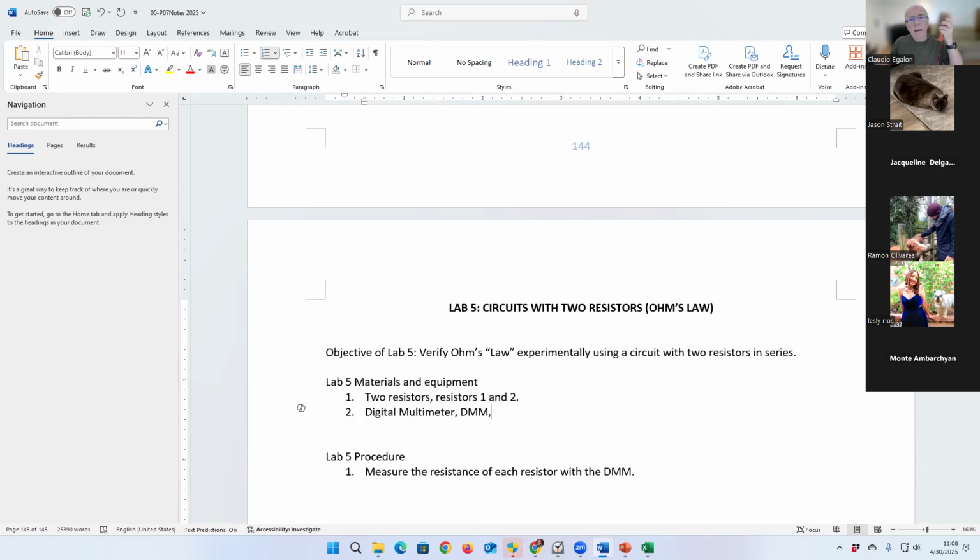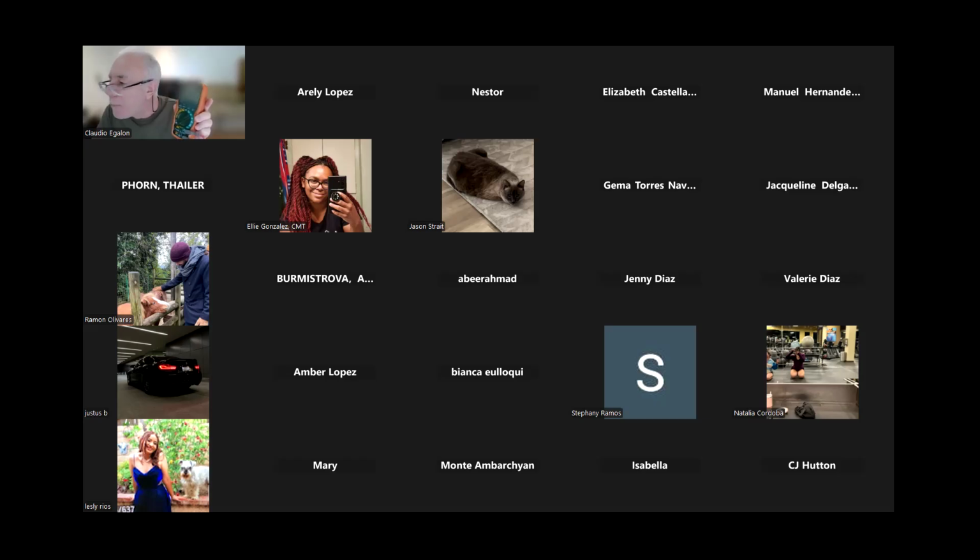There are several different multimeters out there in the market. It has a dial here that allows you to measure different types of quantities. Here is AC voltage. Here is DC voltage. Let me stop sharing, just to refresh your memory. I have shown that to you before. Let me show it to you again because I consider that very important.